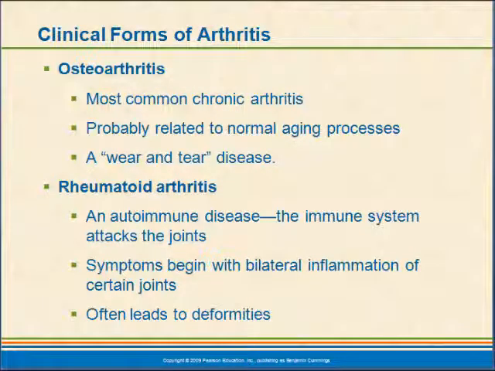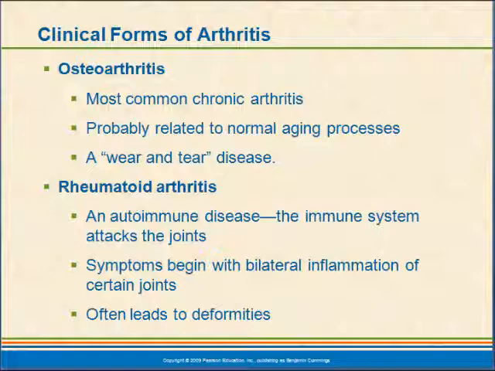The first two you see here, osteoarthritis, which is the most common chronic arthritis. Now, they call this related to the normal aging process. It is a wear and tear condition, but if you are overweight, if you overuse a joint, if you do stuff that puts a lot of force on a joint, you're more likely to develop this osteoarthritis.